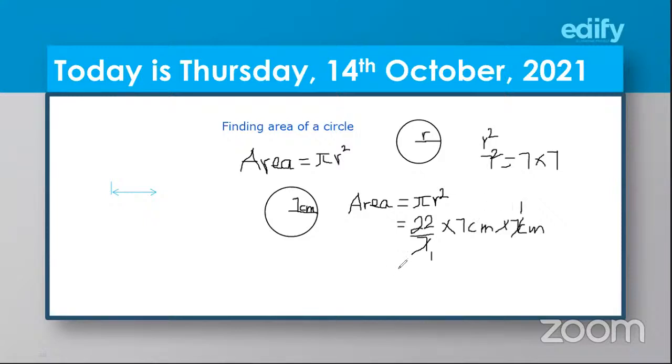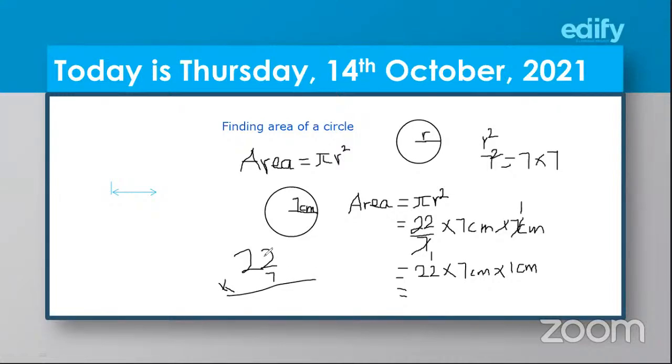So it will remain as 22 times 7 centimeters times 1 centimeter. Then you can go ahead. We are going to multiply 22 times 7 centimeters.